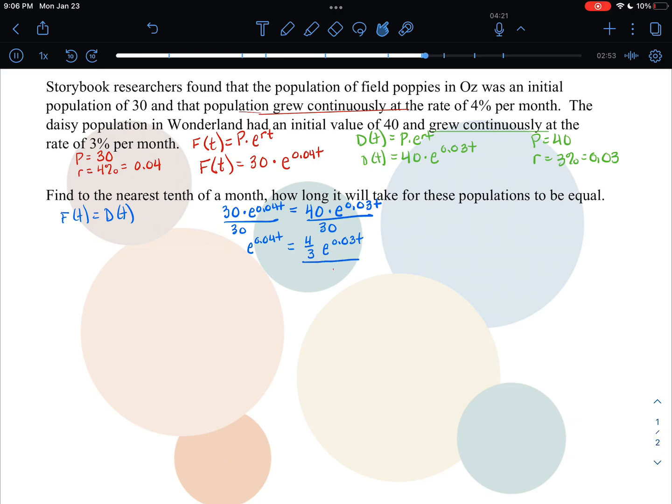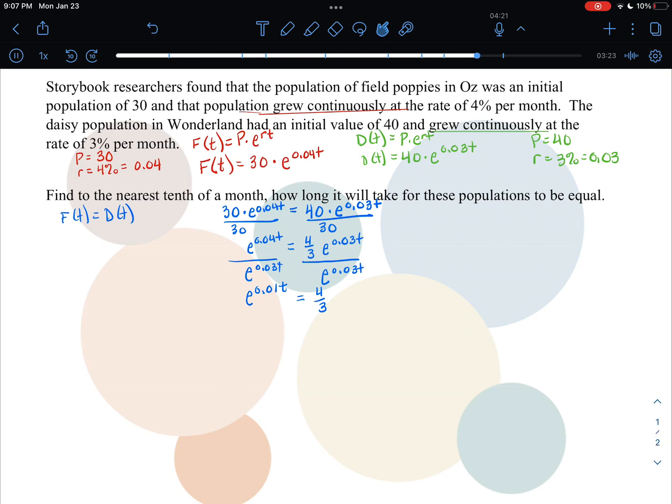Next, I'm going to divide both sides by e to the 0.03t and e to the 0.03t over here. The reason why I'm doing that is because then I can subtract the exponents. So I'm going to get e to the 0.01t over here equals 4/3.